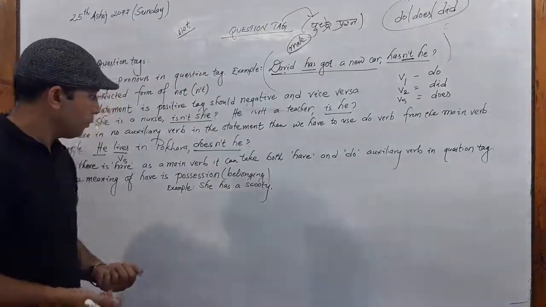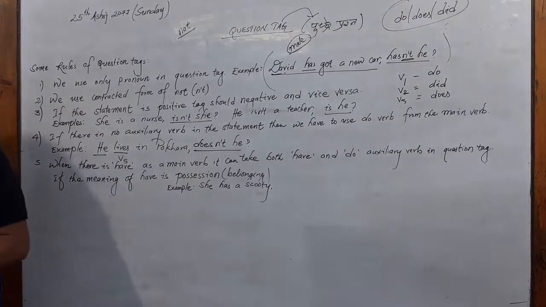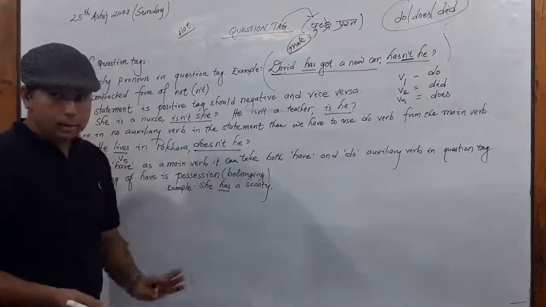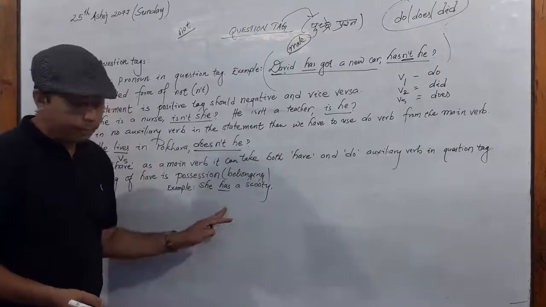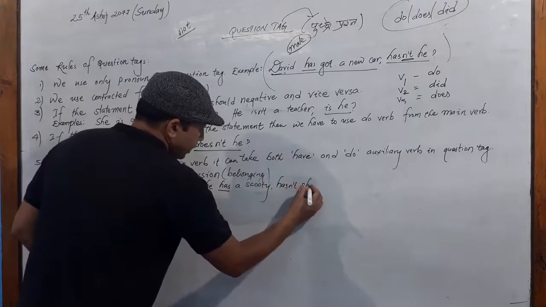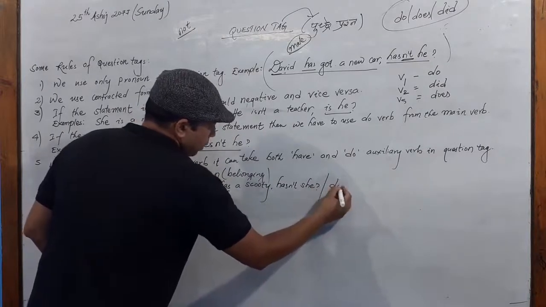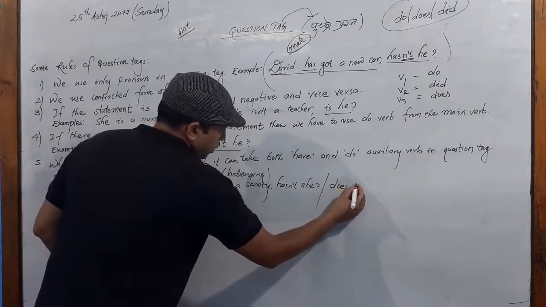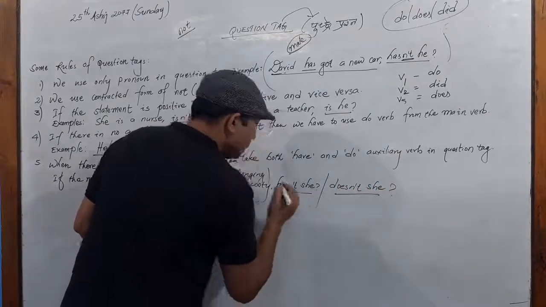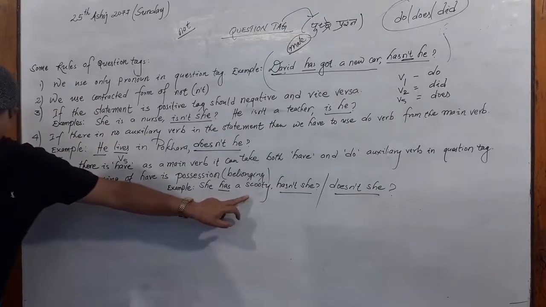Okay, owns. Okay, at that time we can use both. Okay, we can use has as an auxiliary verb as well as a main verb here. Okay, hasn't she or doesn't she?